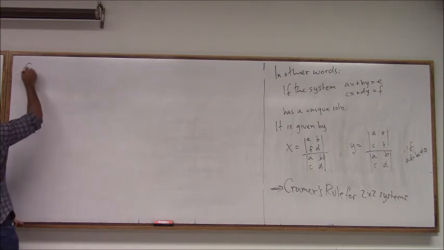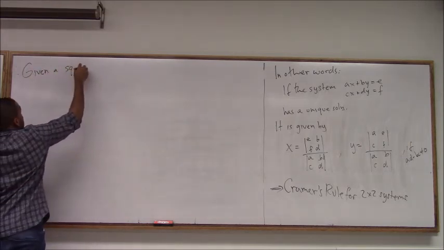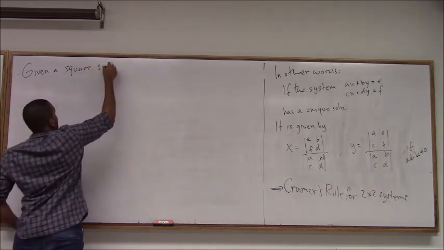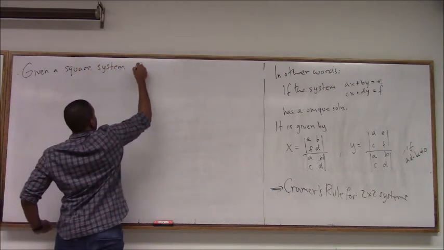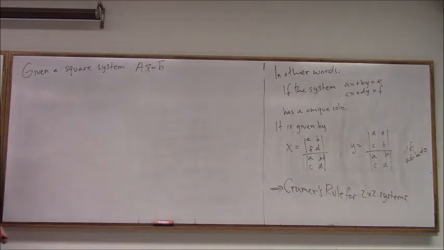So given a square system AX equals B, this means the coefficient matrix is a square matrix.